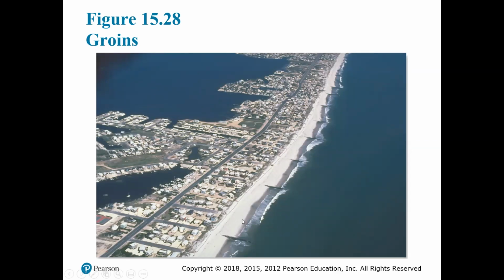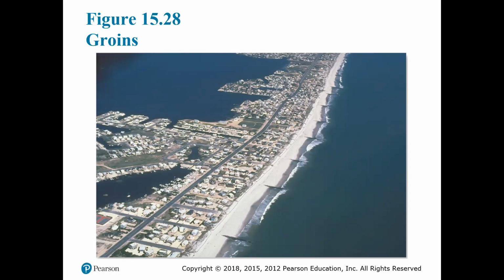So what happens though is sand would be trapped on one side, but then on the other side, the longshore current area beyond the groin is going to be sand starved. So the current erodes sand from the beach on the downstream side of the groin.